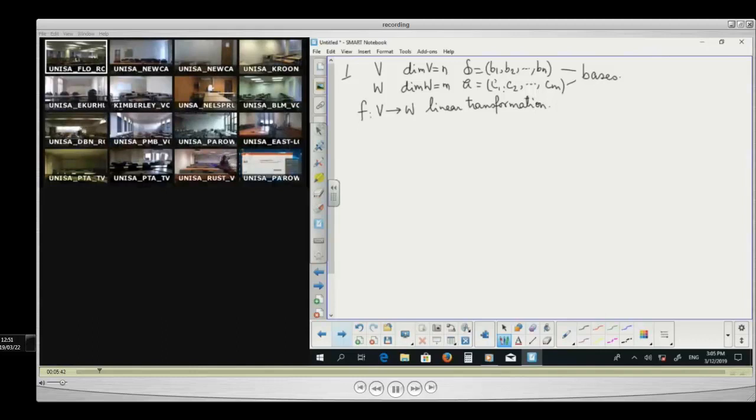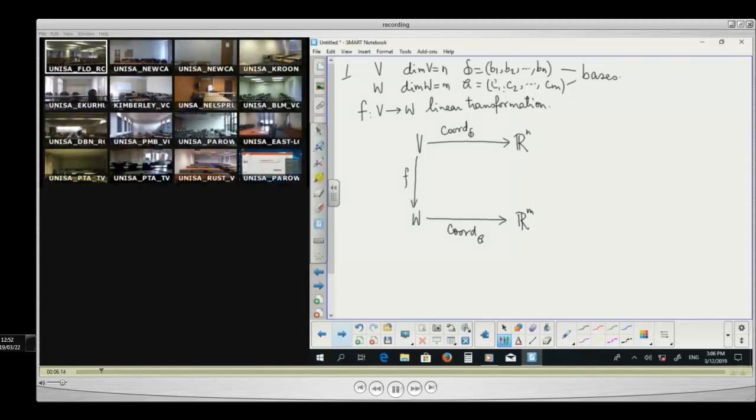And then we know on the side of B we have coordinates with respect to B as a bijective linear transformation. On the side of W we have coordinates with respect to say A, and there is this.